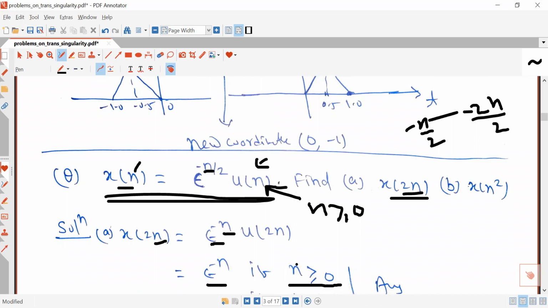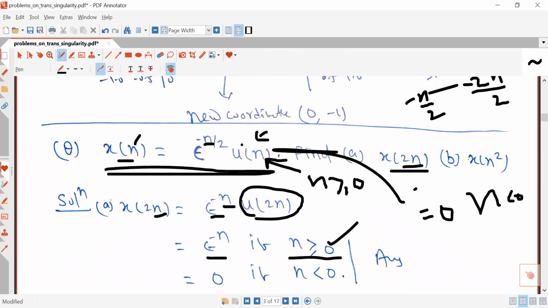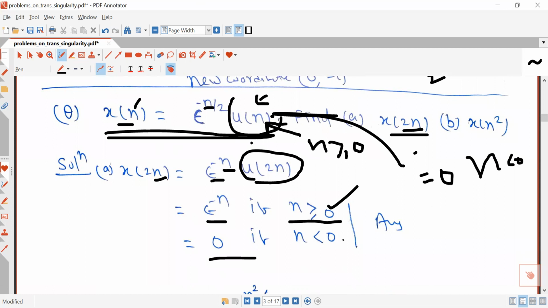This unit step function will be equal to 0 when n is less than 0. This is called a singularity function, and I will discuss three types of singularity functions in the next lecture. If n is less than 0, this term will be 0, and 0 times something is always 0. In this way you can get e to the power minus n by 2 u(n).